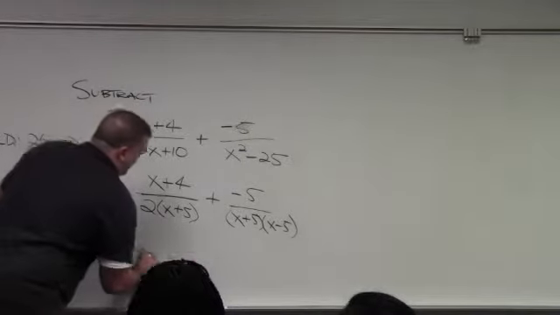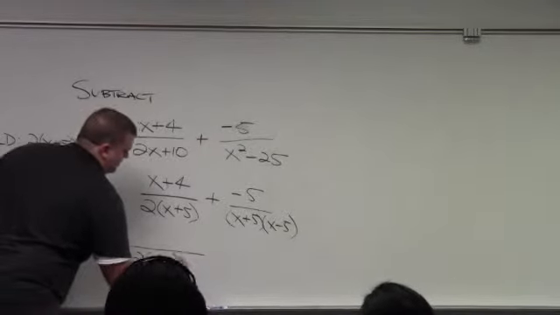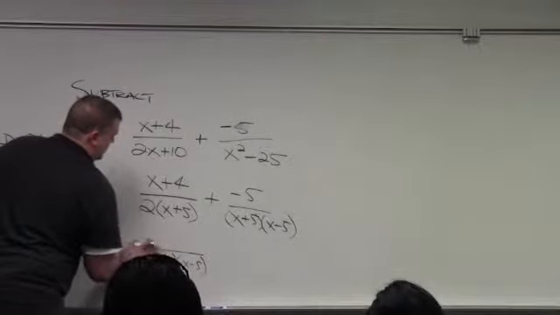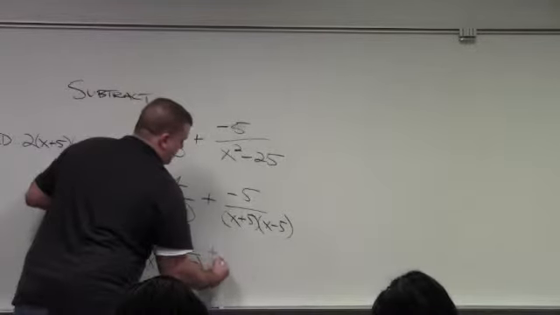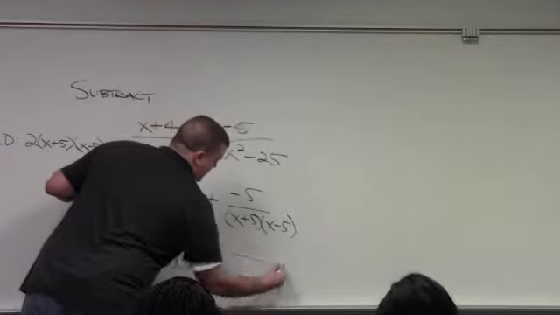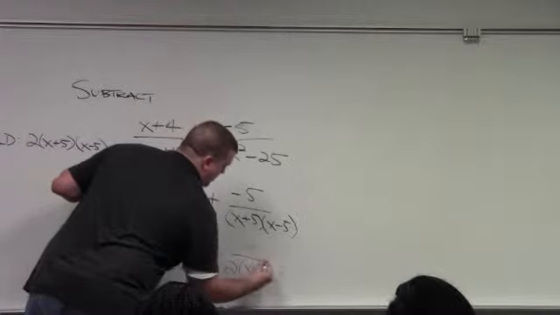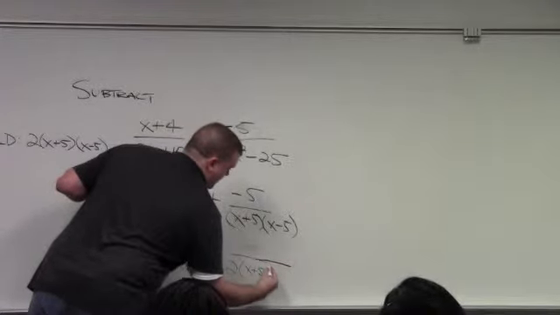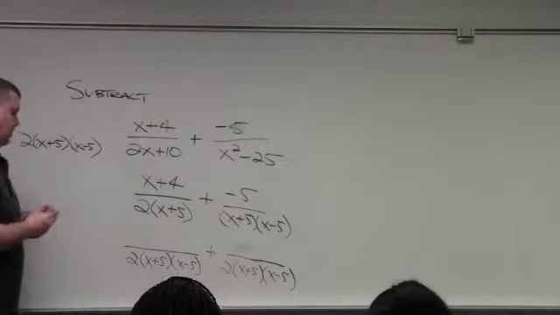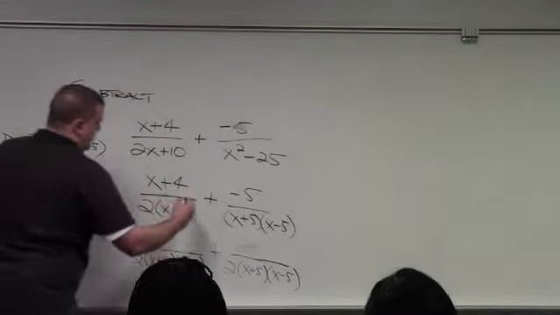So I'm going to rewrite two fractions that have that denominator. So what is that first fraction missing? x minus 5.